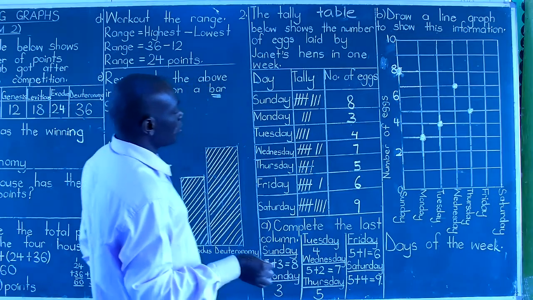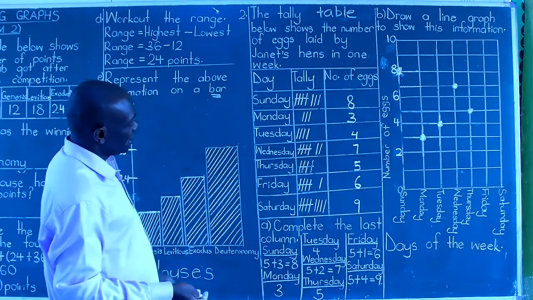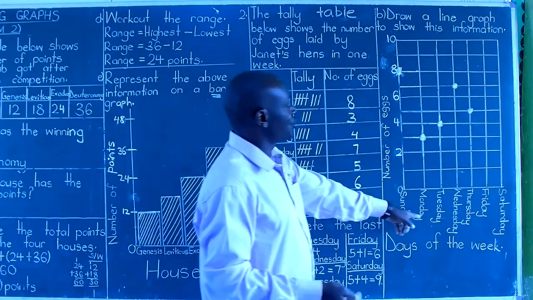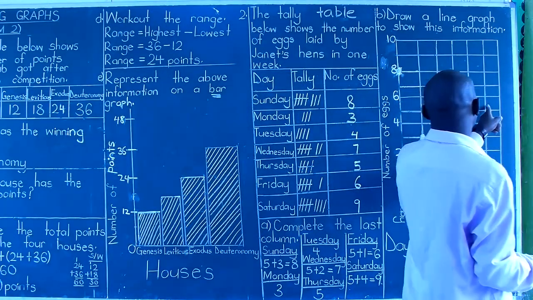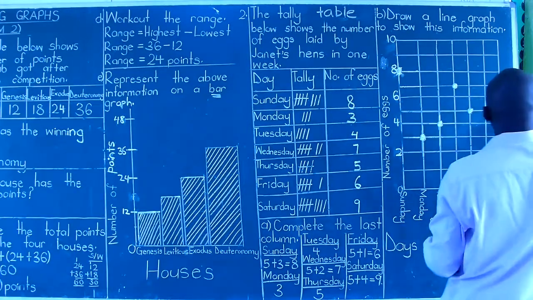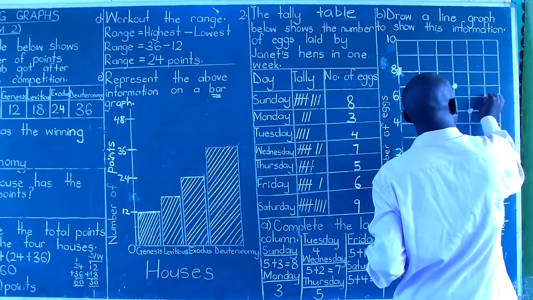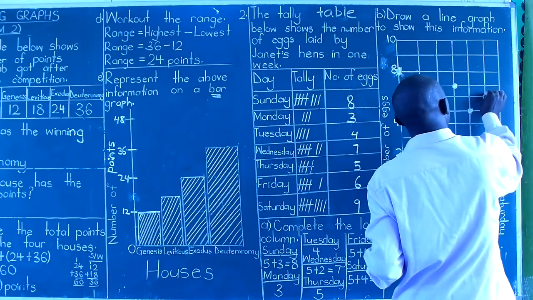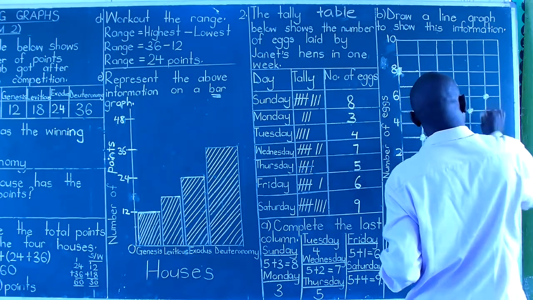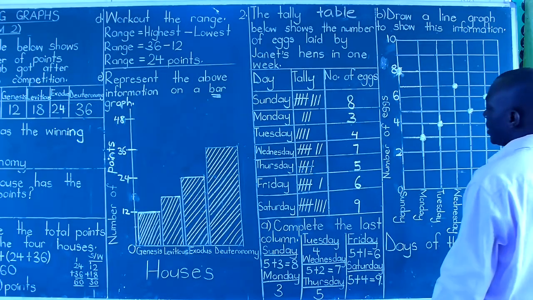And now we go to Friday. Friday has got 6 eggs laid that day. So 1, 2, 3, 4, 5, 6. Ensure I've counted properly. 6 eggs were laid that day. And finally, we've got Saturday.